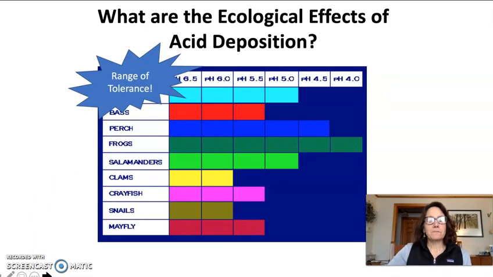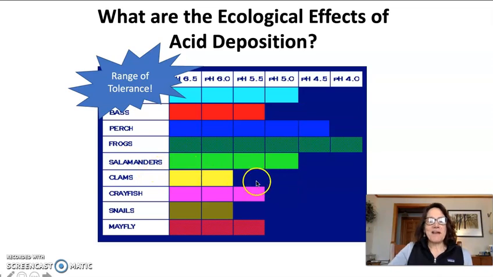The big idea we want to talk about in terms of pH is range of tolerance. If I have to describe an environmental problem or explain how something happens and the impact of that, remember how valuable that term is on an FRQ. Different aquatic animals have a different range of tolerance for pH.